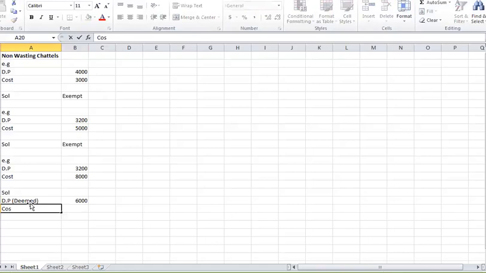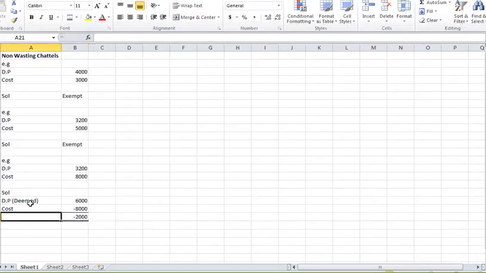And then you will deduct your cost, which is £8,000. Now you have capital loss of £2,000. So this is the tax implication. In this case, selling price will be assumed to be £6,000 instead of the actual selling price.